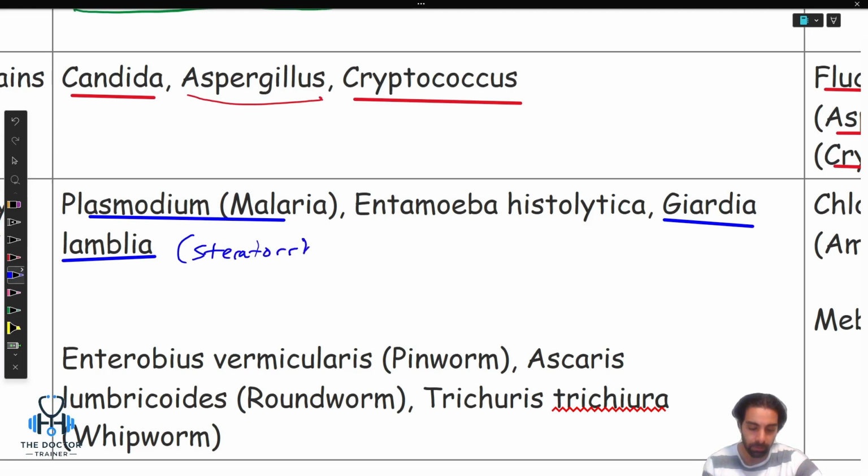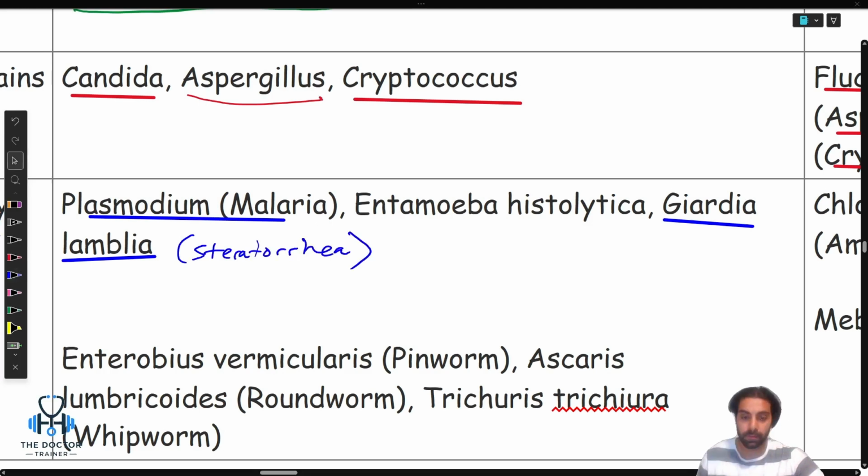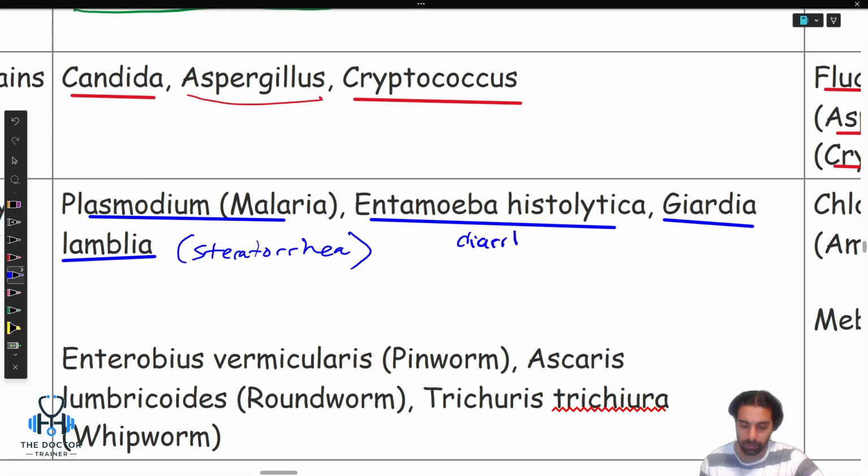Sorry for my spelling. And then Entamoeba histolytica, I think of chronic diarrhea, so diarrhea for months.